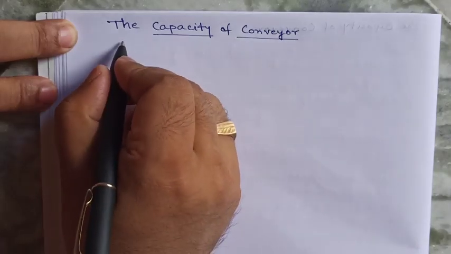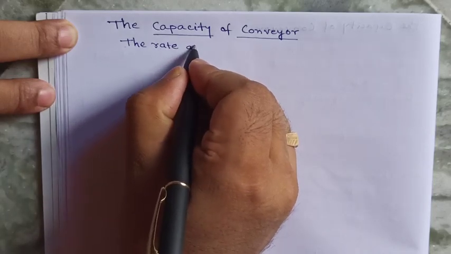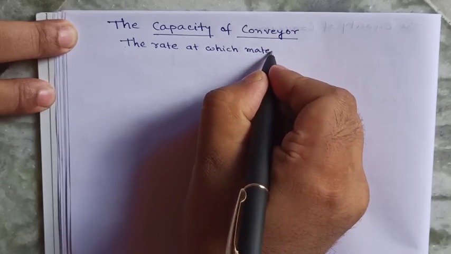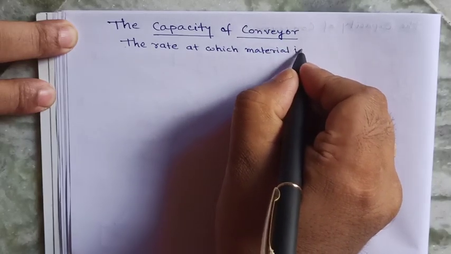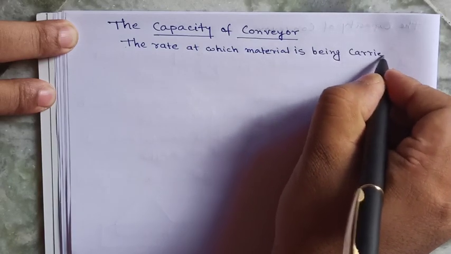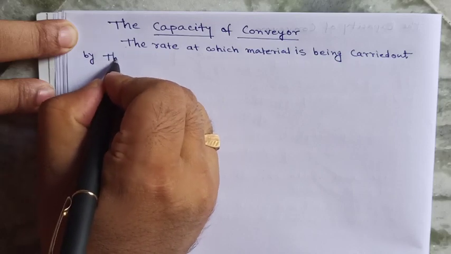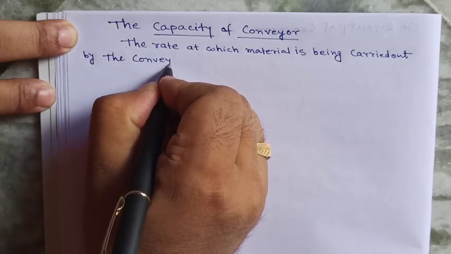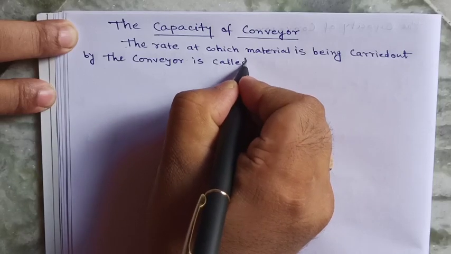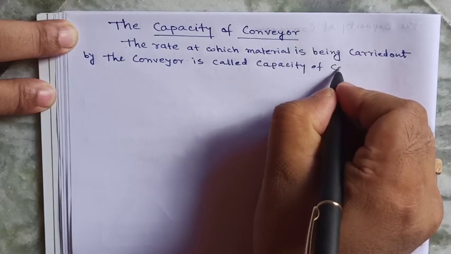So I am writing the rate at which material is being carried out by the conveyor is called capacity of conveyor.